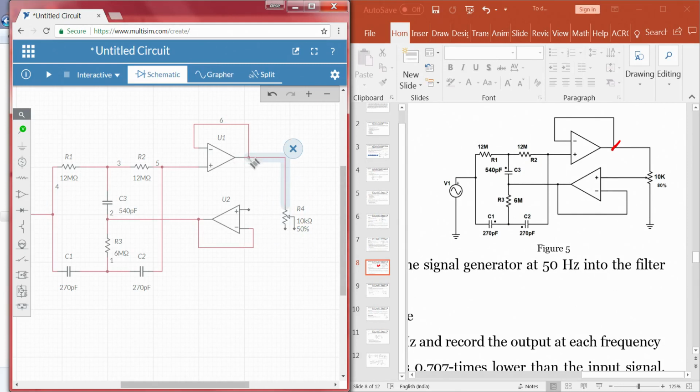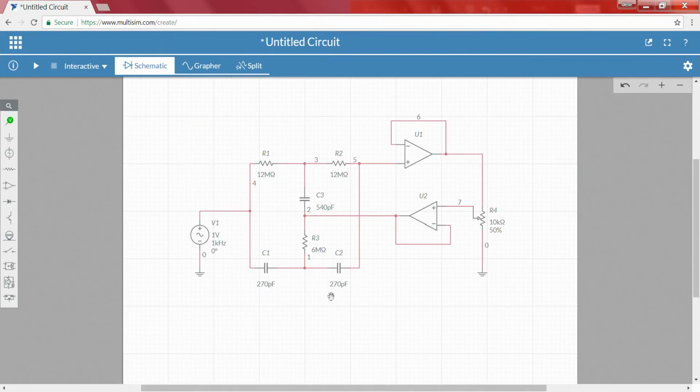So, some percentage of the output is passing through to our input. This particular terminal has to be connected here, right. So, we made the connections whatever we required. Now, we will test for the functionality.